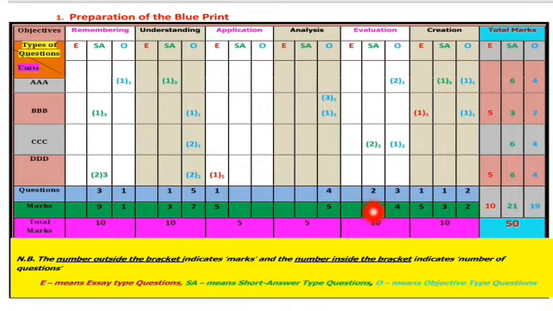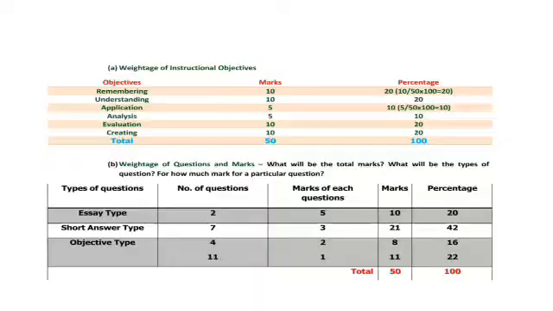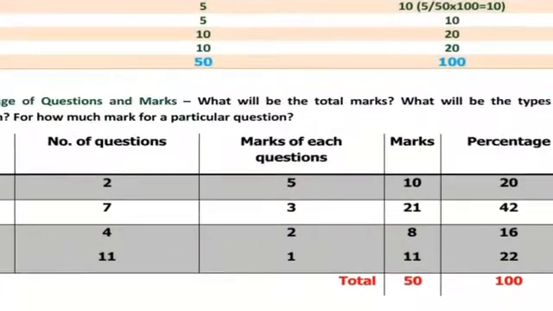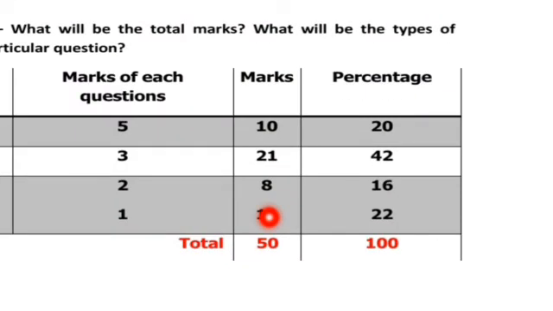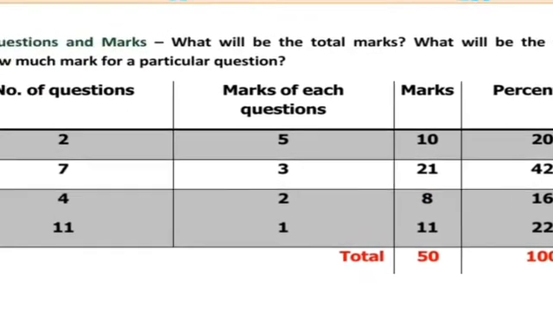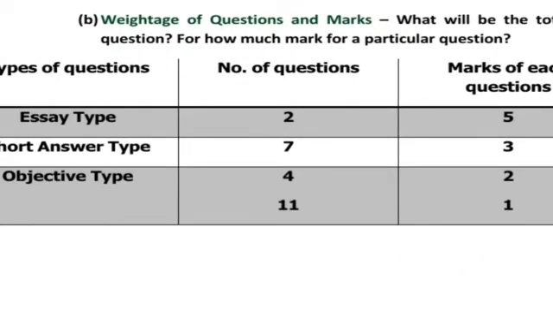Okay, my pointer is not working. 18, 19. So it should be 19. Check out. Yes, 8 plus 11 is what? 19. 8 plus 11, 19 for this, objective type. It has very systematically been provided. Clear?